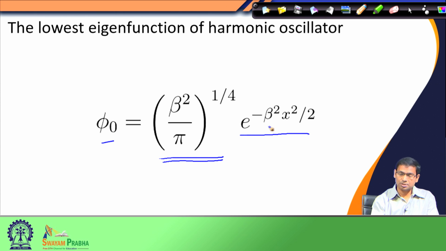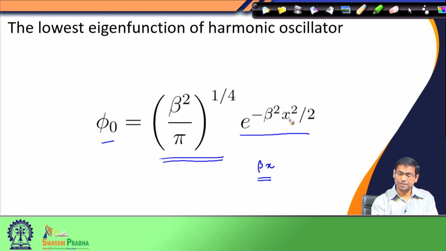If you notice one thing, the exponent of the exponential function has beta square x square. If you find the dimension of beta, you will find that it has the dimension of length inverse. So if beta is length inverse and I multiply x with it, this quantity becomes dimensionless.